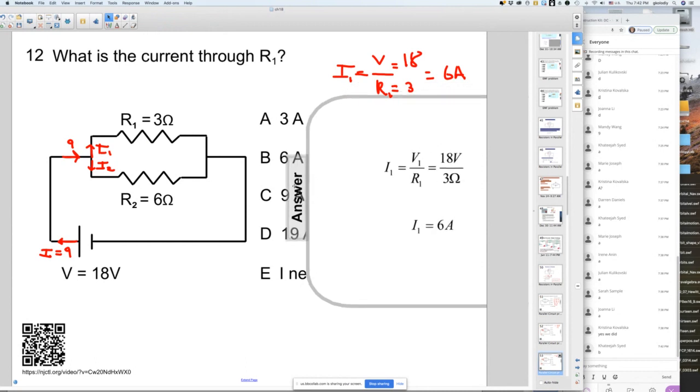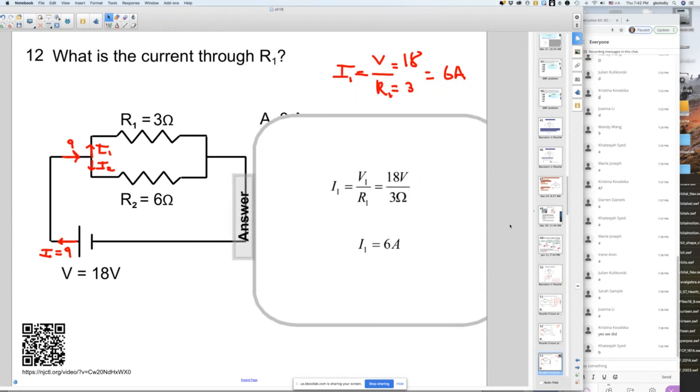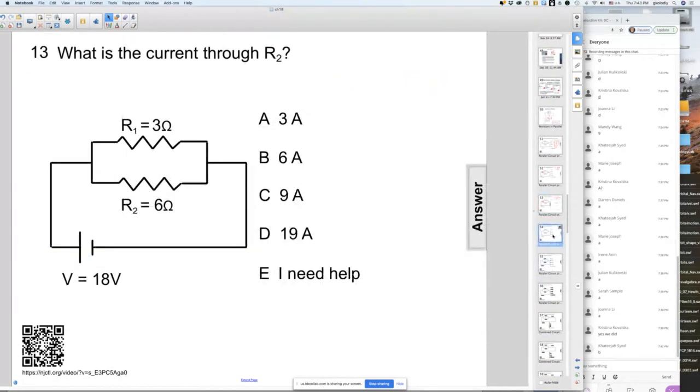All right, so this will be 6 amps. We just did that. And of course, through R2, you could have just figured out the rest of it, or you can say that I2 is going to equal the voltage across R2 divided by R2.